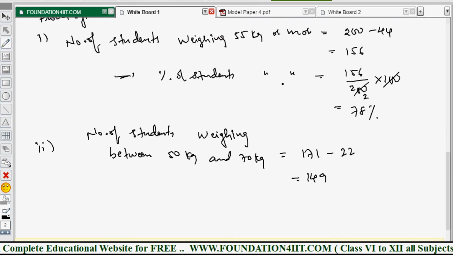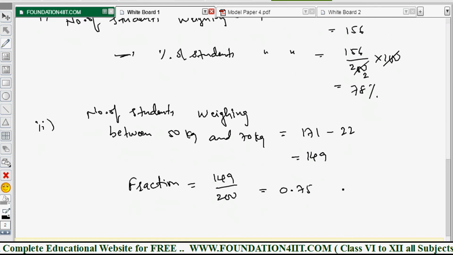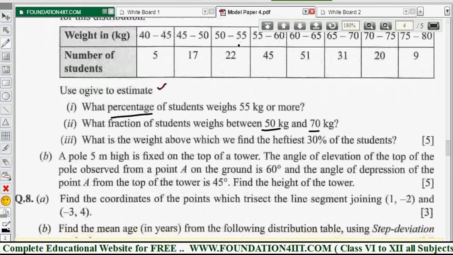And they asked for the fraction, so take 149 by the total, 200. That is approximately 0.75, so 75 by 100, that is 3 by 4. Right.